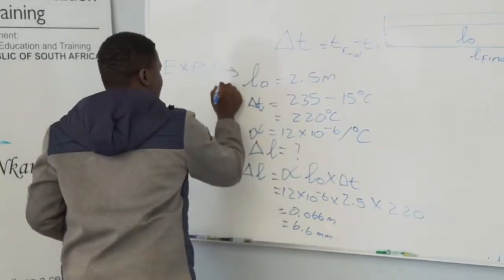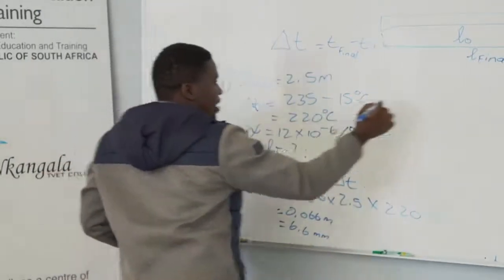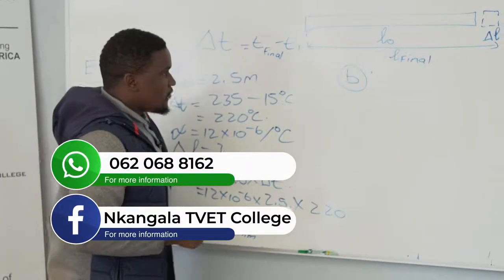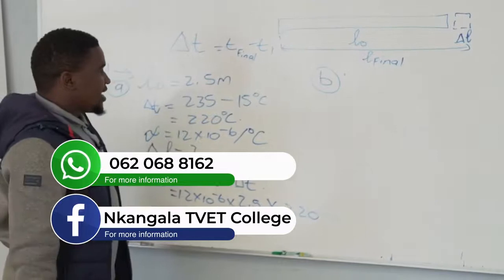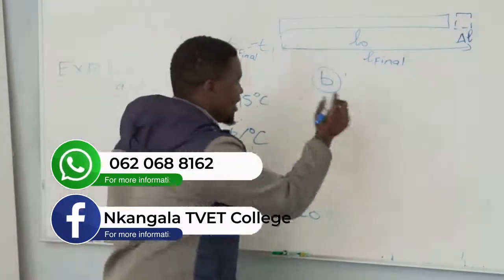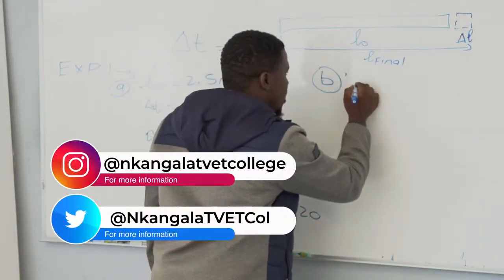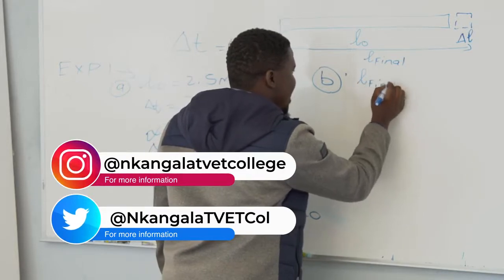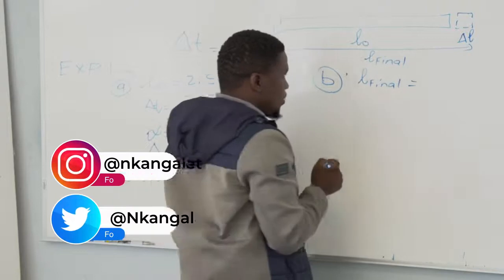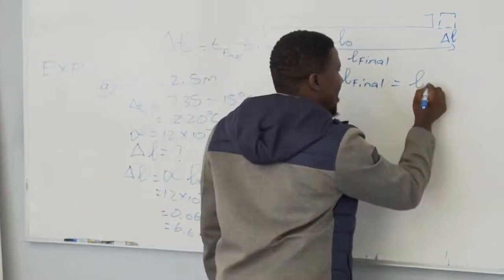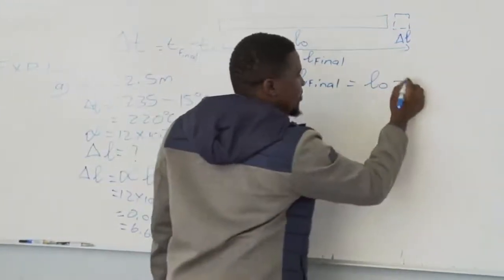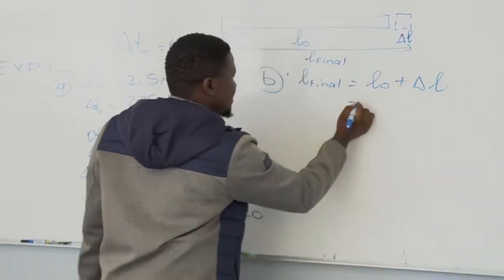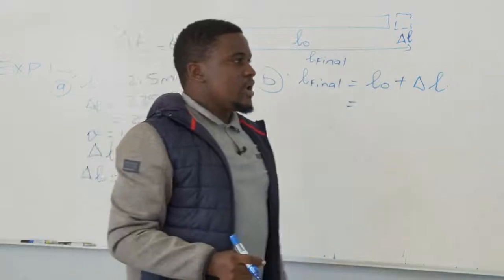Let us say this one is A. For number B, we are looking for our total expansion, which is our final length. Our final length, L final, is equal to our L initial plus the change in length.